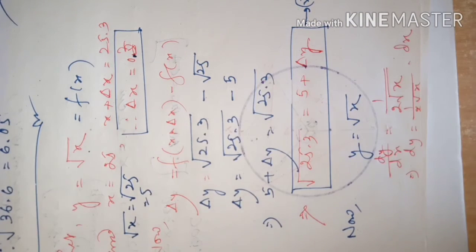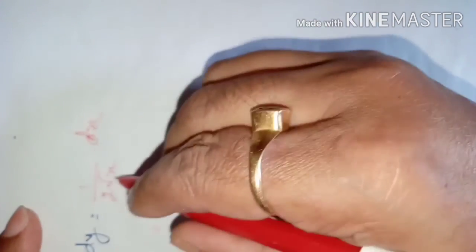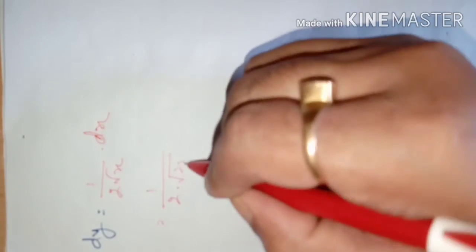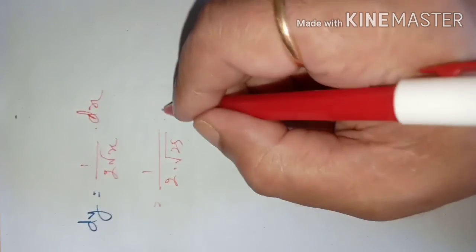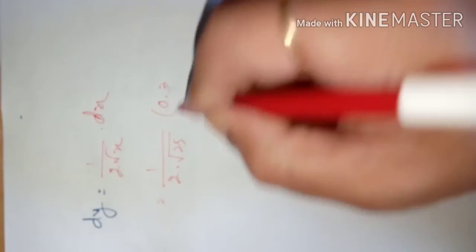So dy will be equal to 1 by 2 under root x into dx. So 1 by 2 into under root 25 into dx, and dx is 0.3.